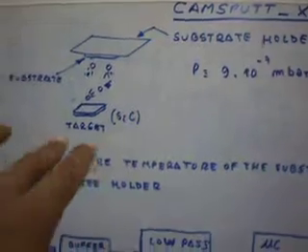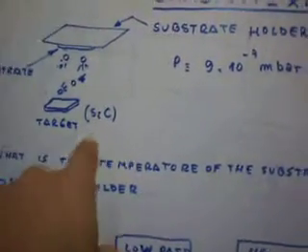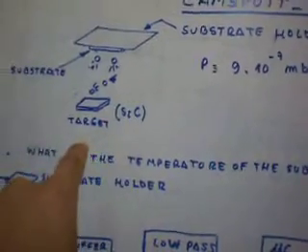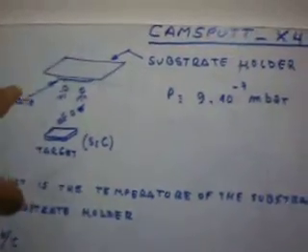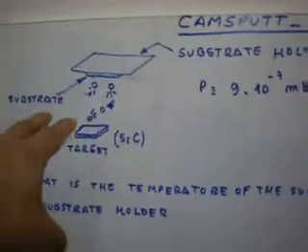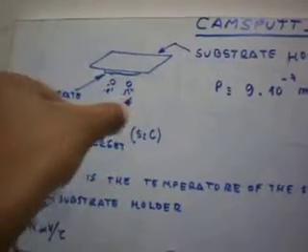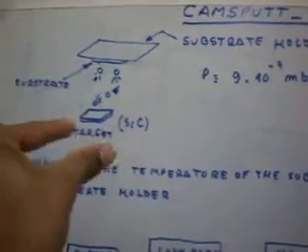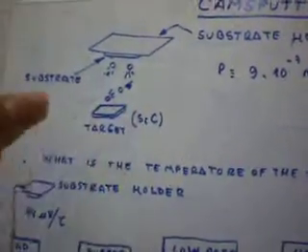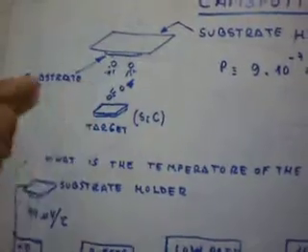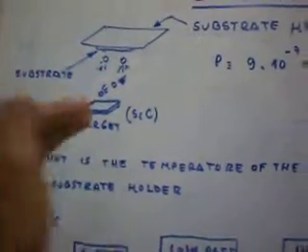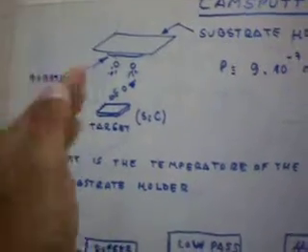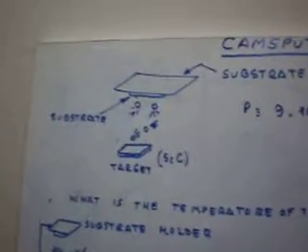We put a target here, for example, made of silicon carbide, and a substrate holder. Here there is a gas, specifically argon gas, in a magnetic field, which is in radio frequency.